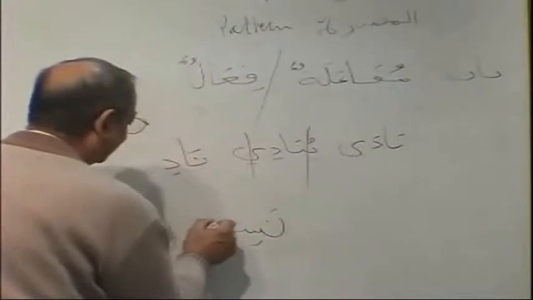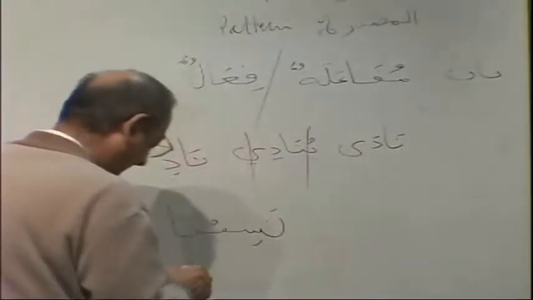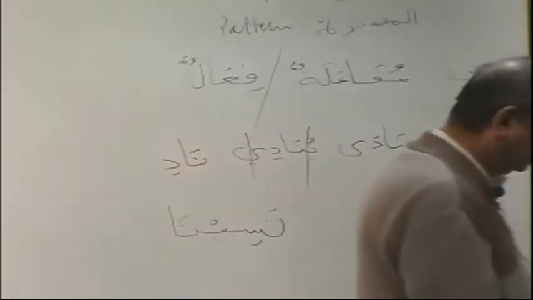Nasina. Our favorite. Nasina, Hasina. Remember? What is Nasina? Now let me write it down. Tell me, where is the verb? And what kind of a verb is this? Nasiya.